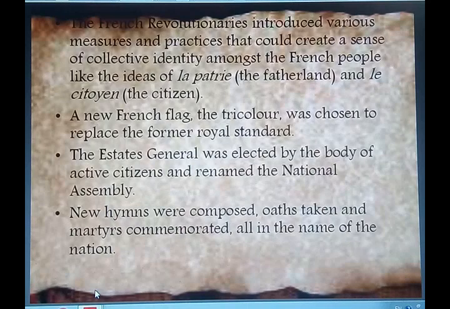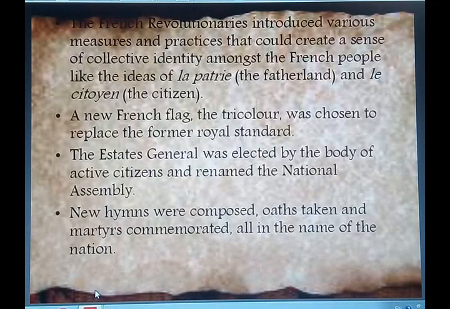So how was this sense of collective belonging created among the French people? Number one important point is the idea of la patrie, the fatherland, and les citoyens, the citizens. Another important point: a new French flag, the tricolor, was chosen to replace the former royal standard. Royal standard means the royal flag.